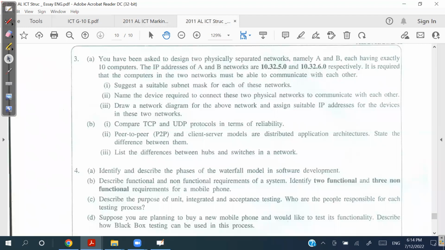So that means here they have given you the network address, right? So first you have to understand that they have provided you the network address, right? That is what they mean by the IP addresses of A and B networks.